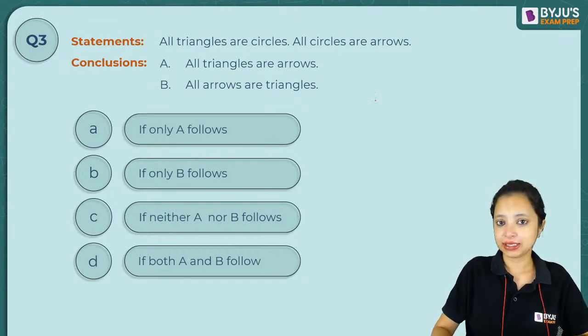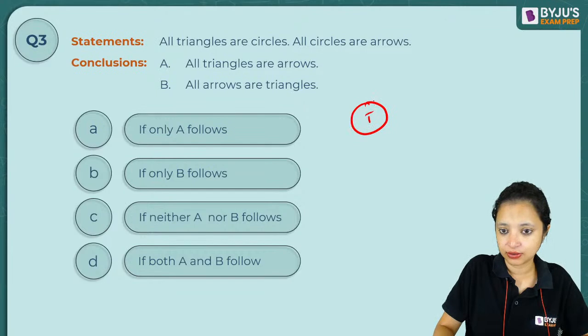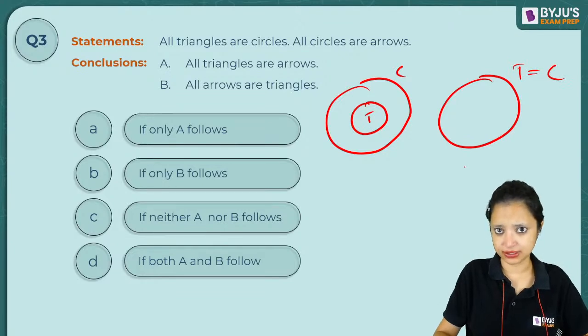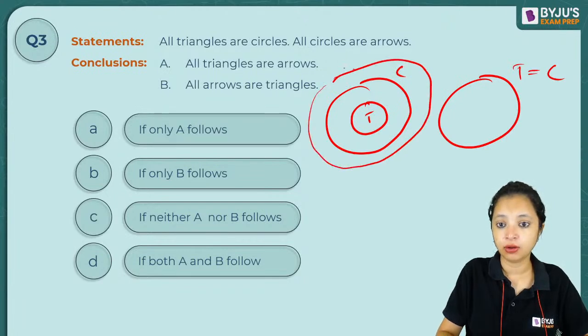All triangles are circles. Both the cases can be true. All triangles are circles. All circles are arrows. Both can be true. First conclusion: all triangles are arrows.